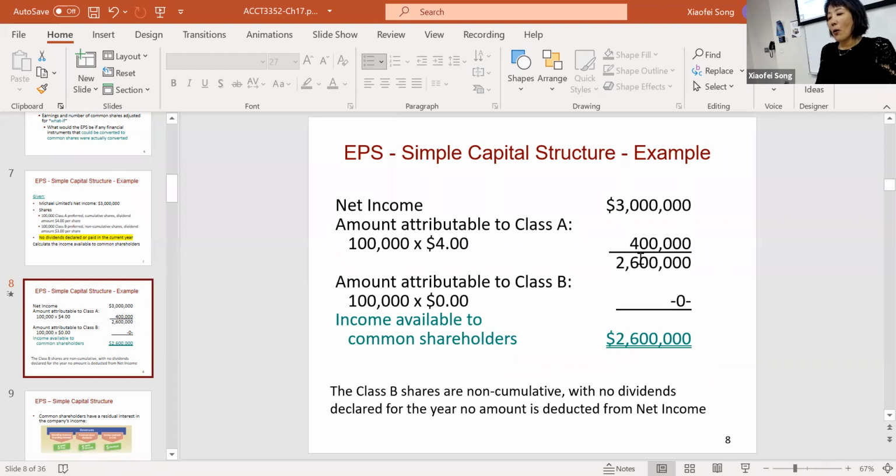We subtract Class A's preferred dividend, but we do not subtract Class B's preferred dividend, because since it's not declared, the company doesn't have to pay. The company doesn't have to pay for this year, doesn't have to pay ever. That's it, right? So the remainder will go to the common shares.